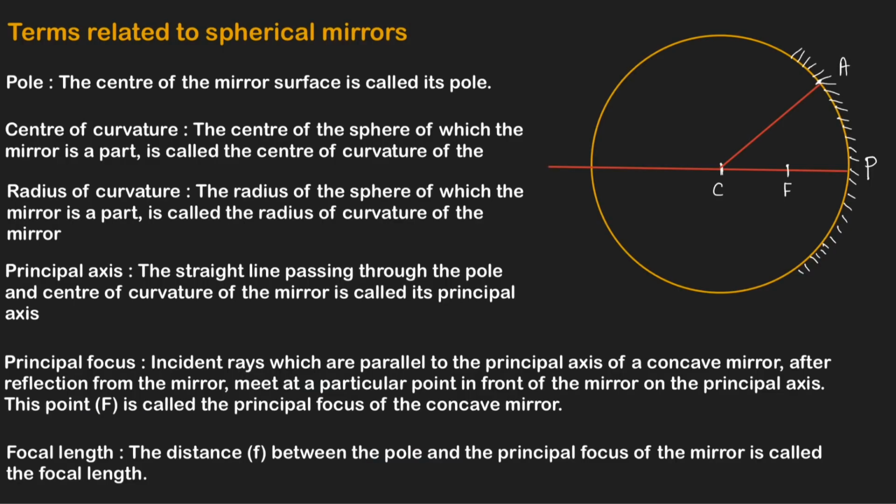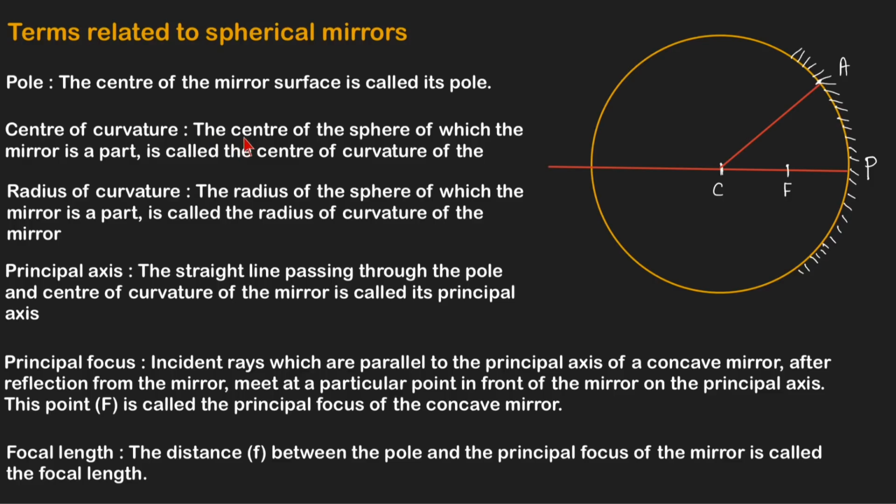The next point is terms related to a spherical mirror. First of all, you have to know that a spherical mirror is a part of a sphere. So the first term in a spherical mirror is the pole. The center of the mirror surface is called its pole. Here the point P we call the pole. Next, the center of curvature.